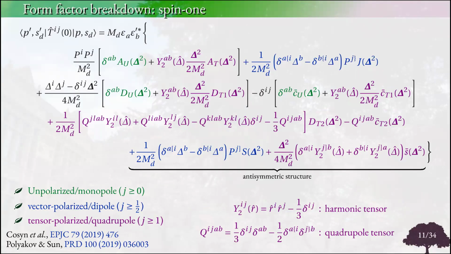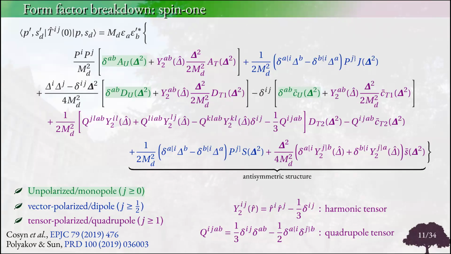So I'm going to step through them to try to give a systematic account as to what all this stuff is. First, you have 3 form factors that also appear for spin zero targets. These are kind of unpolarized or monopole form factors. If you were to take an unpolarized ensemble of deuterons, these are the only 3 form factors that would survive.